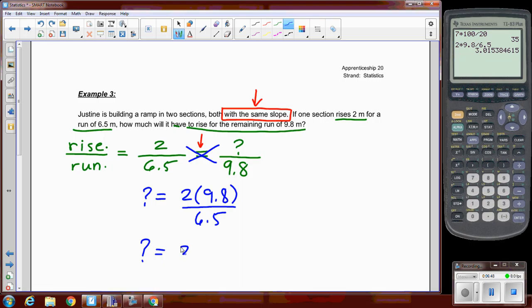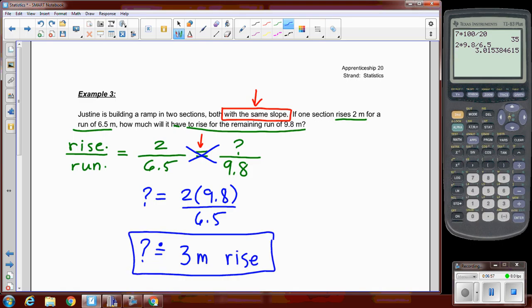So we'll say approximately, this is what this dot means, you need an approximate rise of 3 meters. So the last part, she needs a 3 meter rise if she wants to keep that second section going at the same slope.